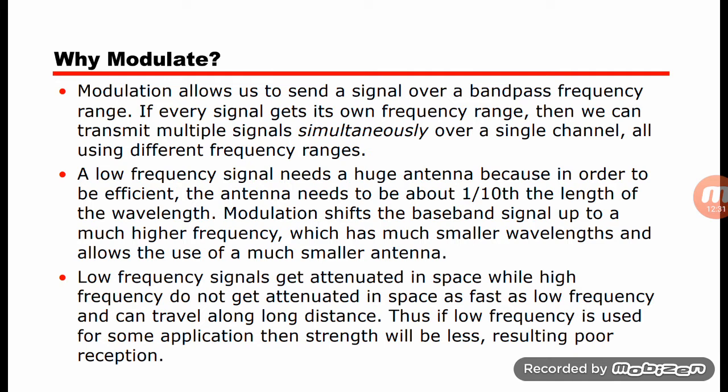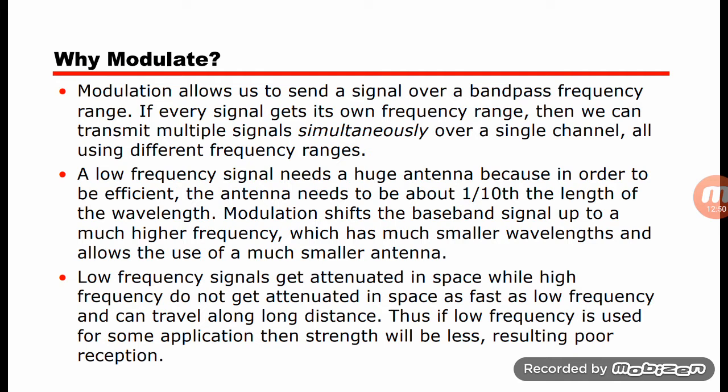Now, if I decrease lambda, if I make lambda 10, how much is the length of the antenna? 1, right? So this means if I keep on increasing f, lambda will keep on decreasing, and therefore the length of the antenna will also decrease.